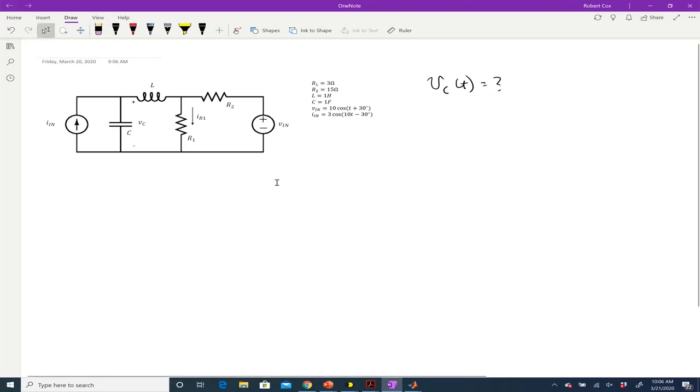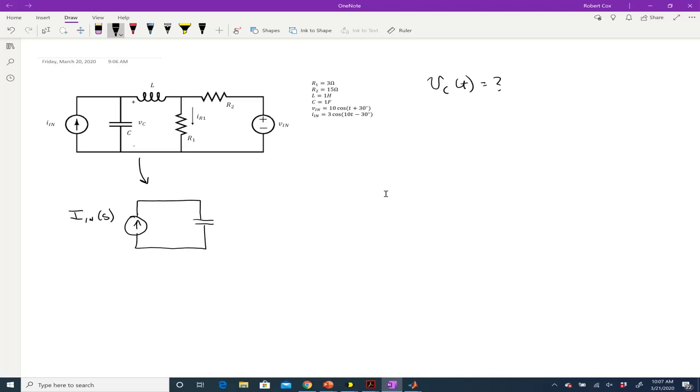To approach that problem, the first thing we have to do is use the Laplace impedance concept, which says that I need to transform this circuit into the Laplace domain. So instead of In, I'm going to write the transform, In of S, as a current source. 1 over SC is the impedance of that capacitor, SL is the impedance of that inductor, and the resistors are simply R1 and R2.